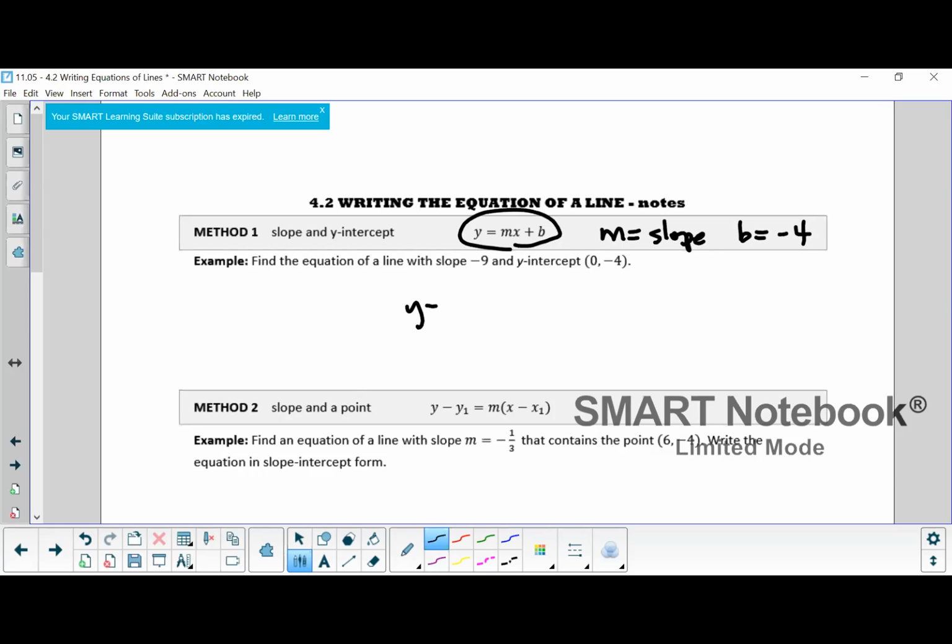So it's y equals -9x minus 4. It's almost embarrassing to do this problem. It doesn't require hardly any thinking at all. But we'll be making up for that in just a moment. So our m equals slope, or -9. B is -4, and we just plug it in.